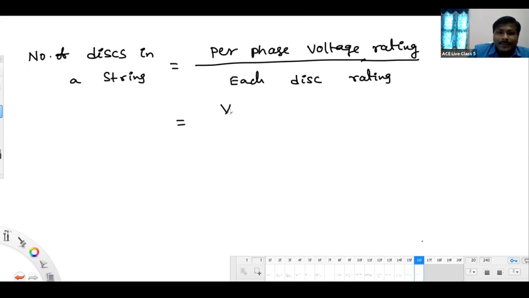So it is V phase by 11, keeping the phase voltage in kilovolts. That will give you the number of discs to be used.